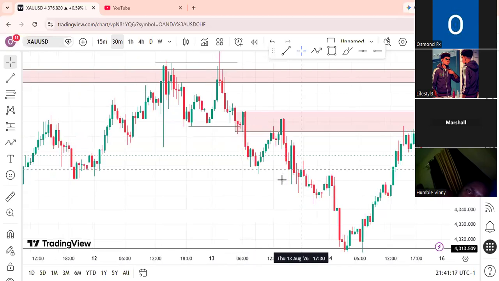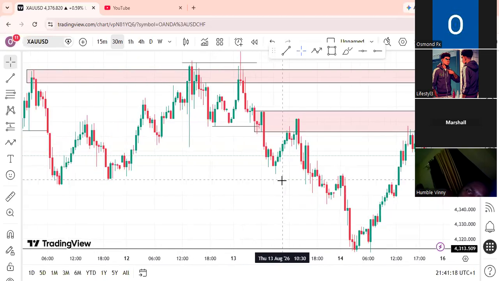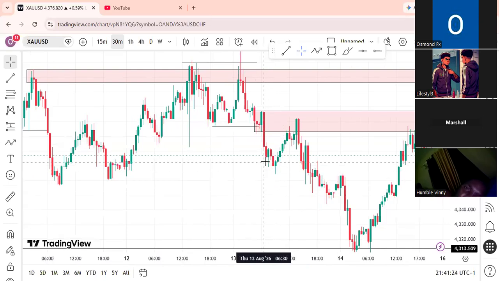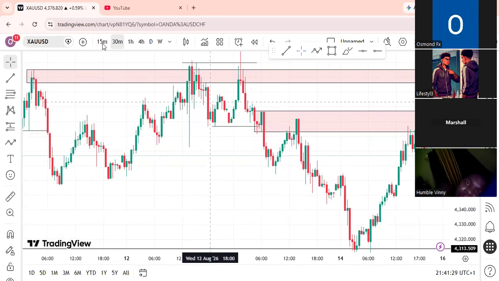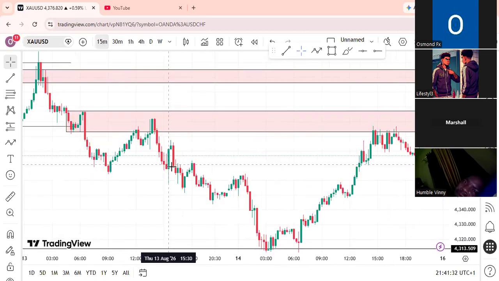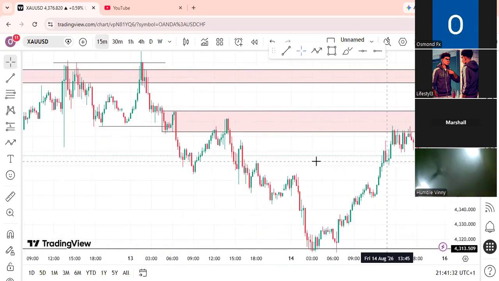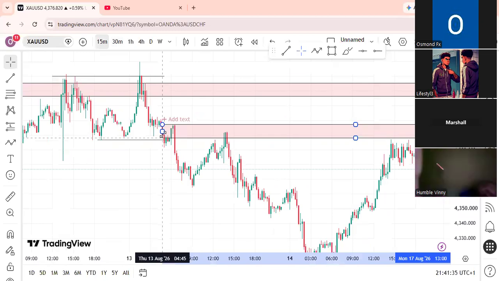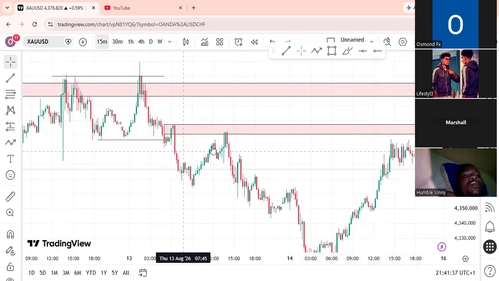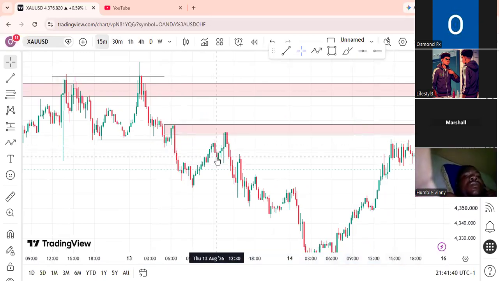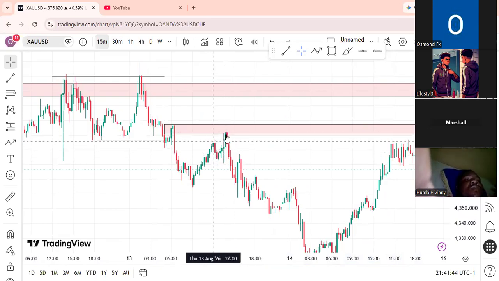So anytime you want to enter gold, just relax. Wait for the market to come back to that area you're expecting. Wait for liquidity to happen. What I'm saying is that the market started selling from here, a lot of people jumped on the sell, but eventually the market came back to take them out before the real sell started.